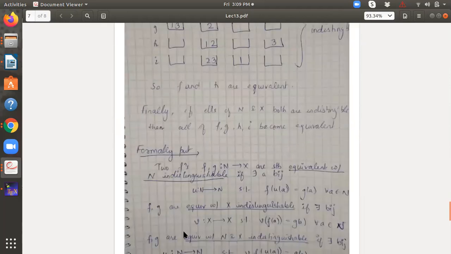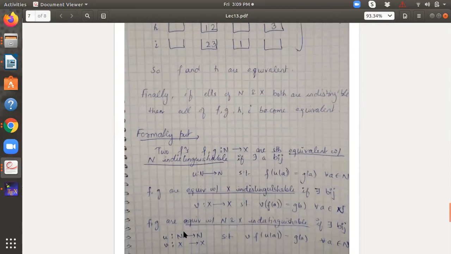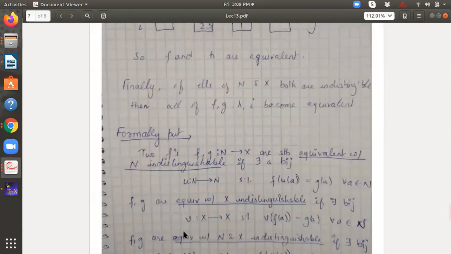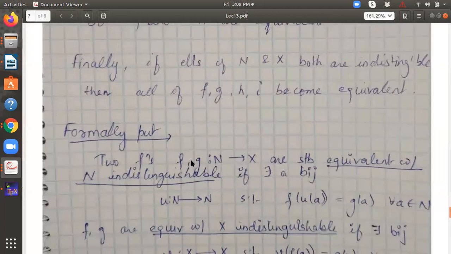Okay. So formally, what does this say? Two functions f and g from n to x are said to be equivalent and indistinguishable if there is a bijection u from the set n to itself such that f of u of a is g of a.